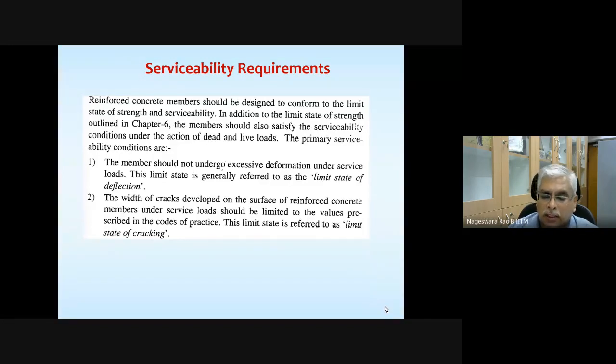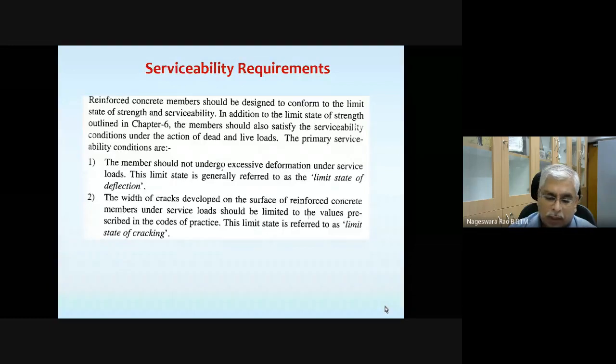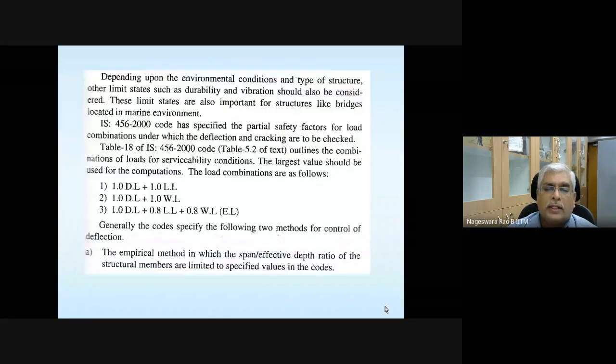That also we'll see in today's class. So I suggest all of you have IS 456 with you. Open page 37, 38, 39. We'll see.